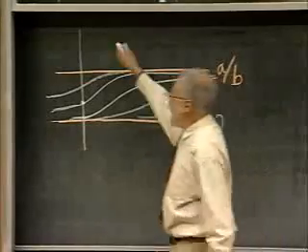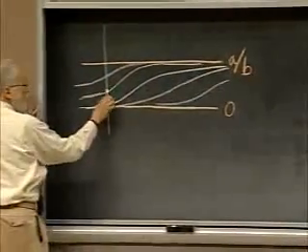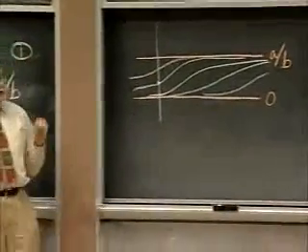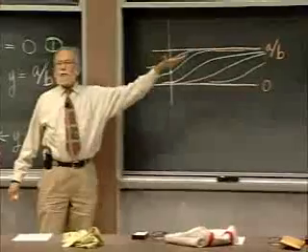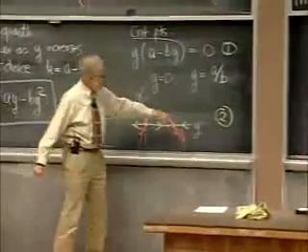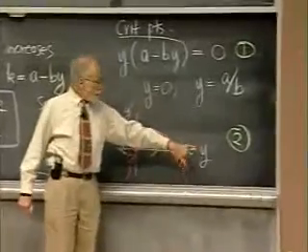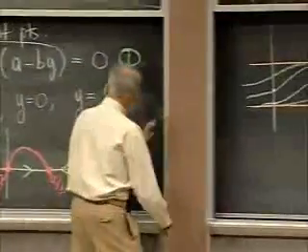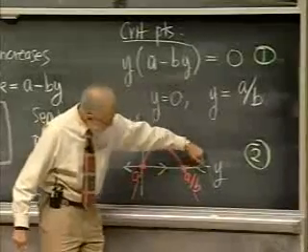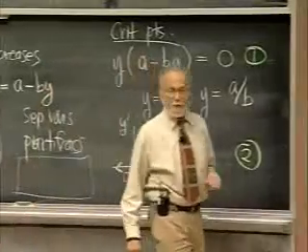What's happening above? So in other words, if I start with a population anywhere bigger than 0 but less than a over b, it increases asymptotically to the level a over b. What happens if I start above that? Well, then it decreases to it, because for the values of y bigger than a over b, it decreases as time increases.